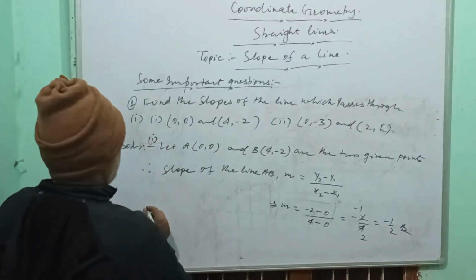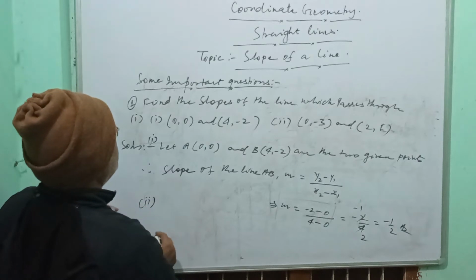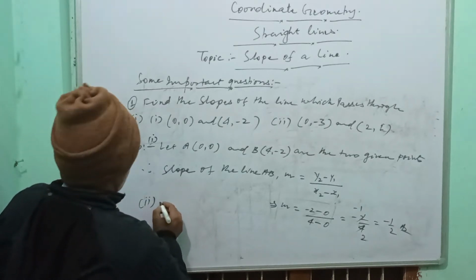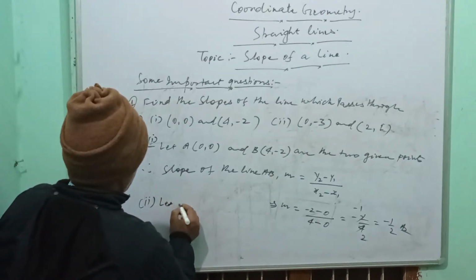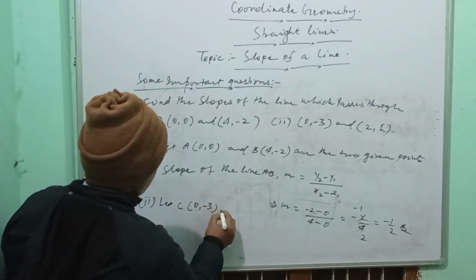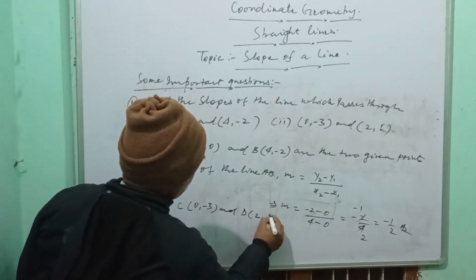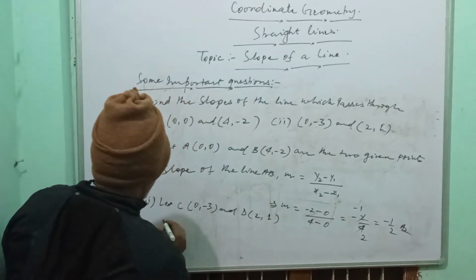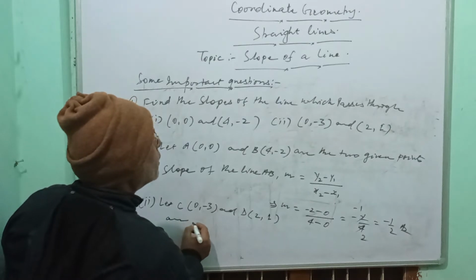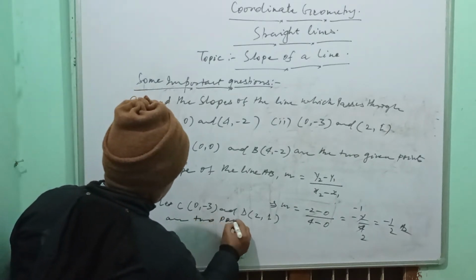This is the solution of the first question, and in the second question, let C 0, -3 and D 2, 1 be two points.